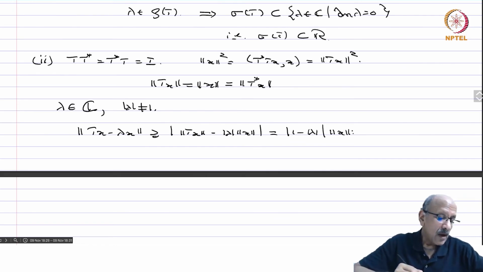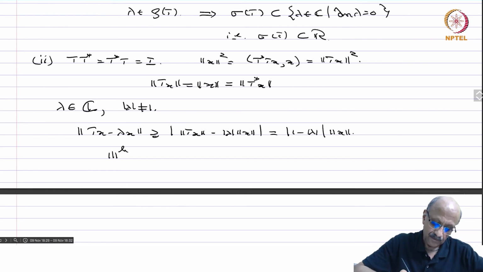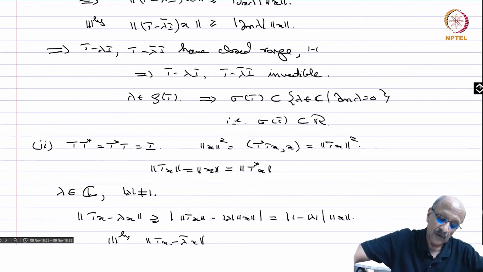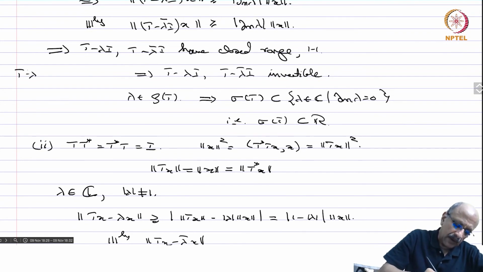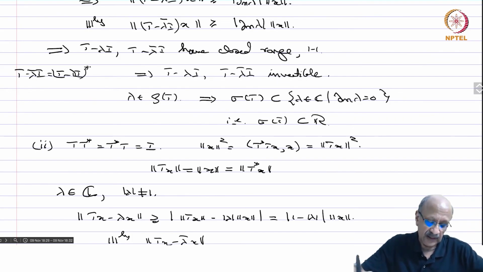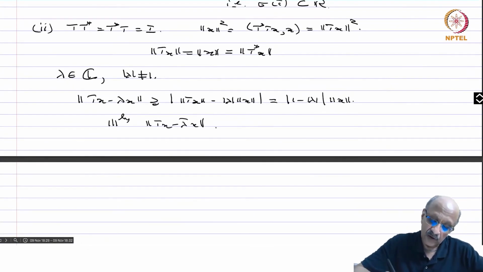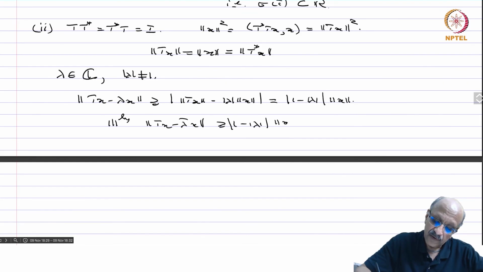And similarly, norm of Tx minus lambda bar x, which is the adjoint of this. Let me make that remark here also: T minus lambda bar I is nothing but T minus lambda I adjoint, because T star equals T, and when you take the conjugate of lambda you get lambda bar. We have seen those properties. So this is also greater or equal to the modulus of 1 minus mod lambda times norm x.